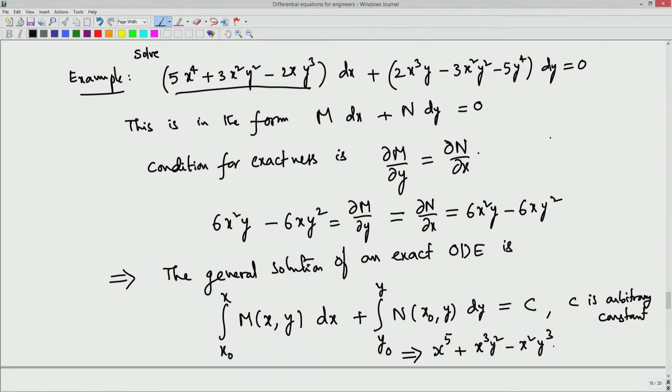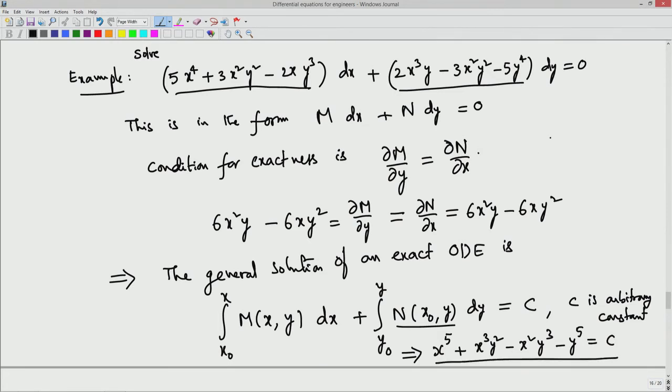You can also take y0 equal to 0. Since x0 is 0, in N only the term minus 5y^4 remains, which you integrate with respect to y, giving minus y^5, equal to constant.